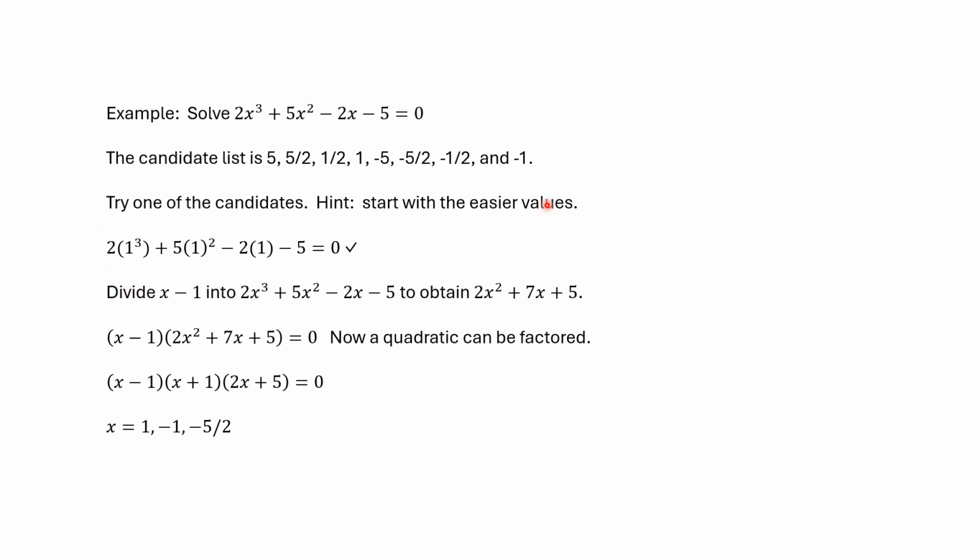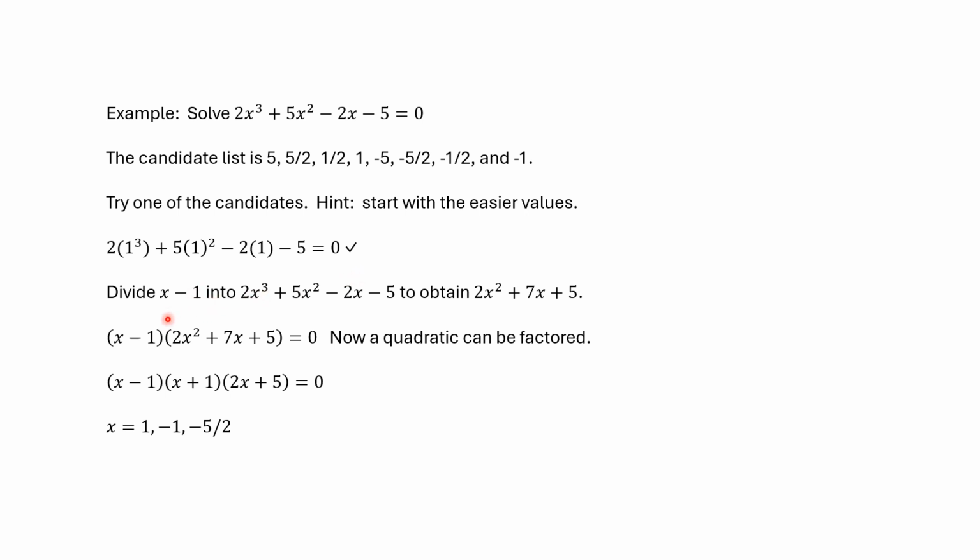We'll try things from our list. I like to start with simple numbers like 1 and hope I get lucky. Might as well, because it's got as much chance of working as anything else. So I plug the 1 in: 2 times 1 cubed plus 5 times 1 squared minus 2 times 1 minus 5. And that does equal 0.